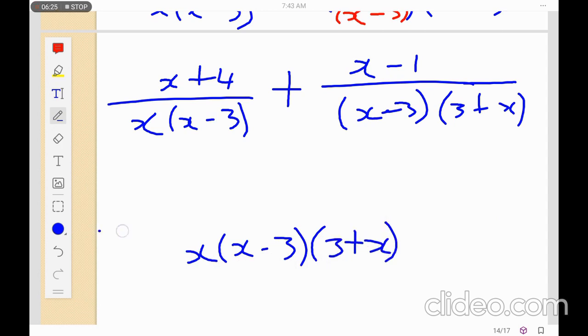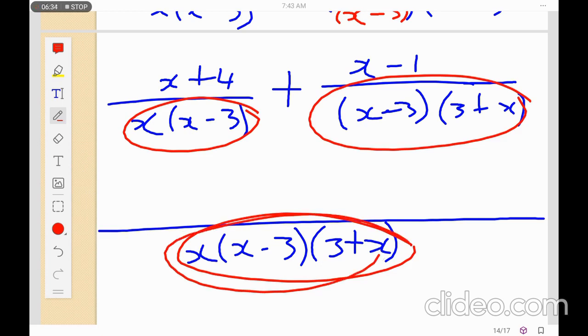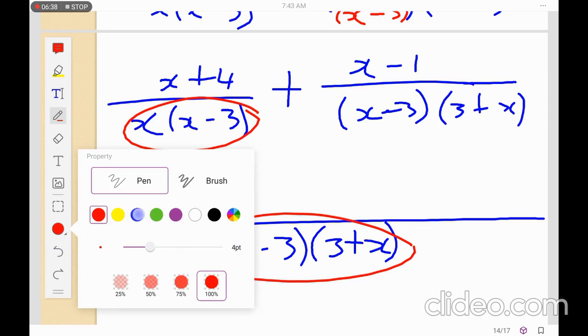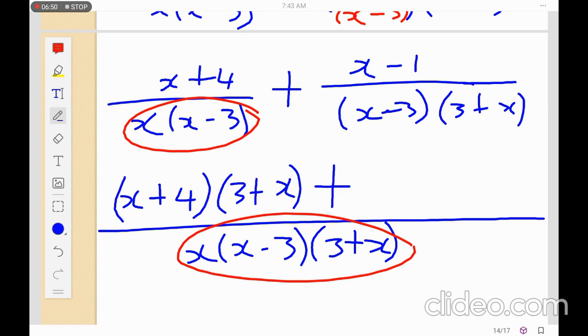Now let's divide this into this, and we also do the same for this one into again this. For the first one, I'll have x plus 4, and we'll remain here with 3 plus x. Then plus, when I divide this one, I'll get x by x minus 1.